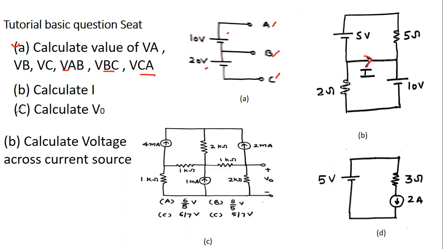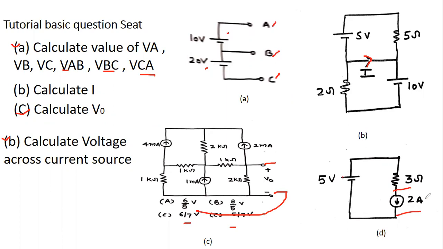Now my question number third, C, is to calculate the value of V0. For V0 we have been given four options: 6 by 5 volt, 8 by 5 volt, 6 by 7 and 5 by 7. Just calculate the value of V0. And in fourth, D, calculate the voltage across the current source.